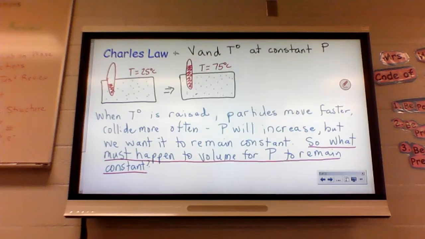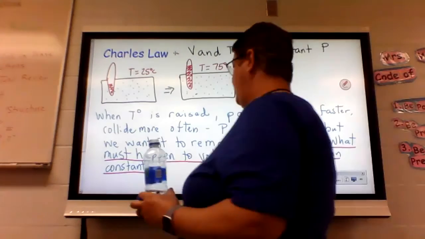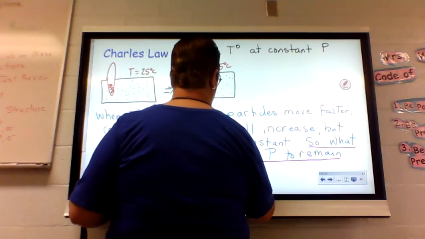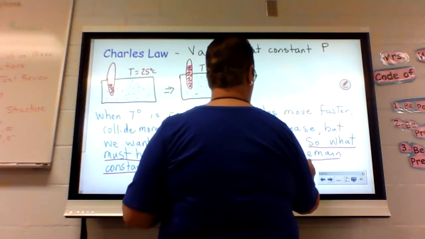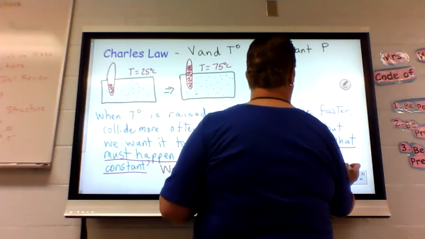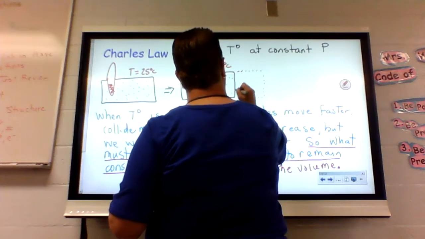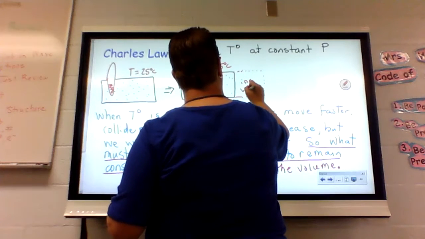What are you going to do to volume so the pressure cannot go up? You're going to have to increase the volume. Hold on, don't start writing again. I'm just going to write, we will increase the volume. And for those of us who are okay with the pictures, we will increase the volume.